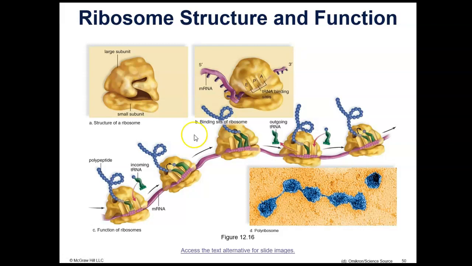And what you see down here is this long chain of, it looks like a string of pearls, blue pearls. It's this long chain of amino acids, which is our growing peptide or polypeptide. So what happens is, as a new amino acid is brought in, it comes in at the A site. I know the A stands for amino acid, but I always think of it as added.